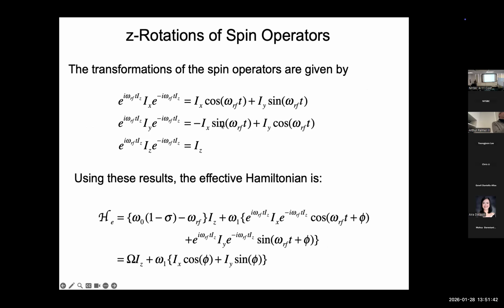I'm rotating the matrices, so you have to believe me for a moment that this rotation of the matrices behaves like rotation of the vectors. And again, we'll justify this later on. But if I believe these results, I plug them in and I find, first of all, the Hamiltonian is independent of time.